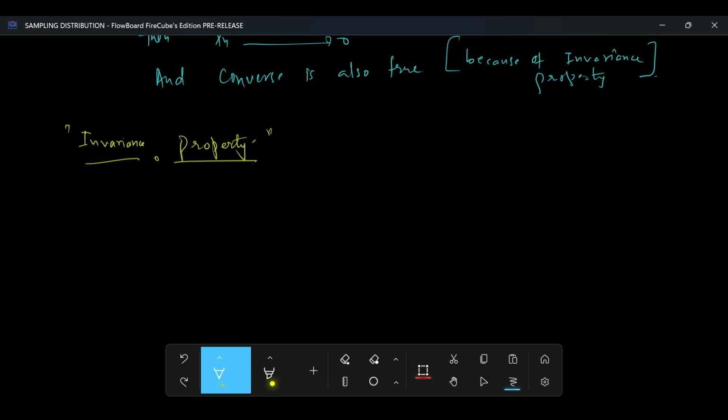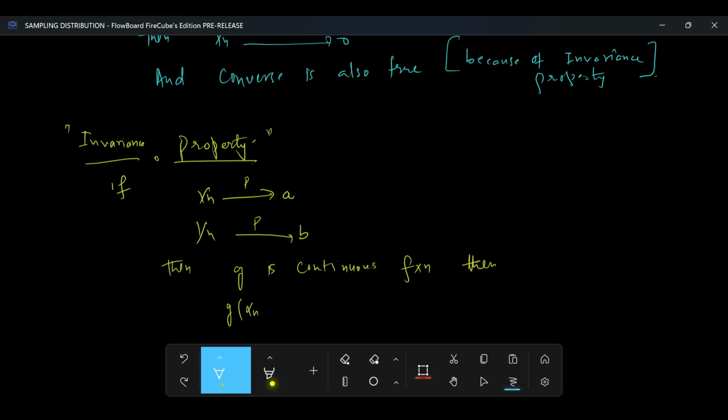So the invariance property says that if Xn is converging to a, Yn is converging to b in probability, and g is a continuous function, then function of Xn will converge to function of X in probability.